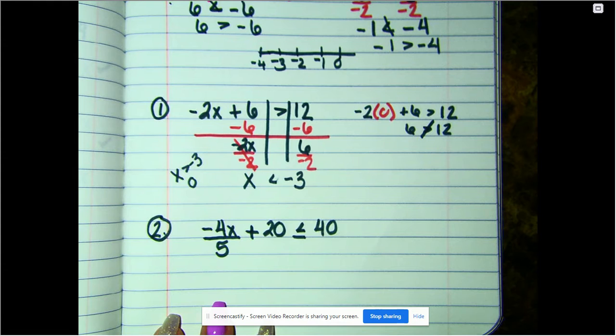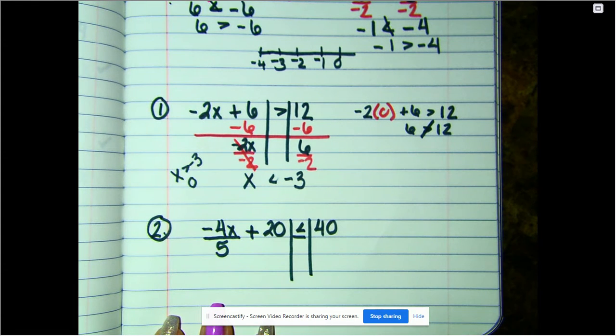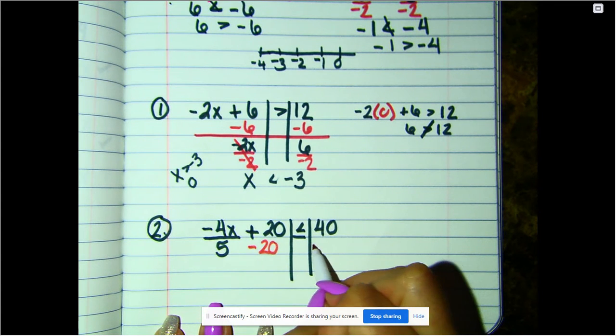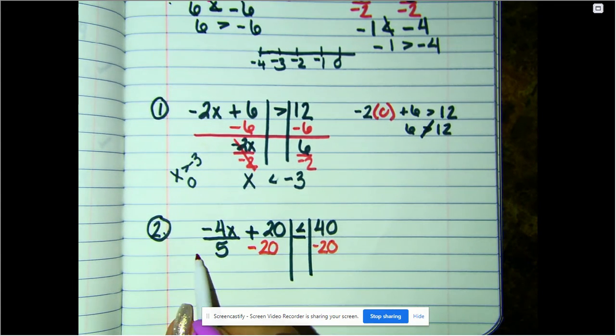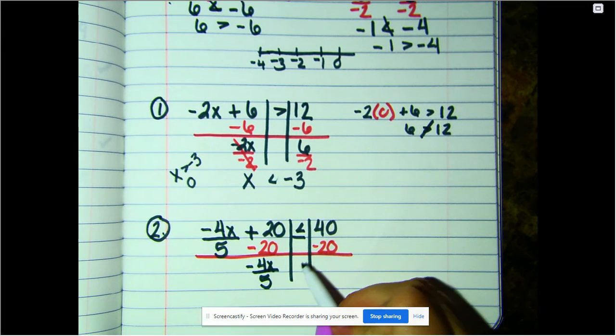The first step that you're going to need to do is to undo addition or subtraction. So we are going to undo addition by subtracting 20 on both sides. When that happens, we have -4x divided by 5 left.